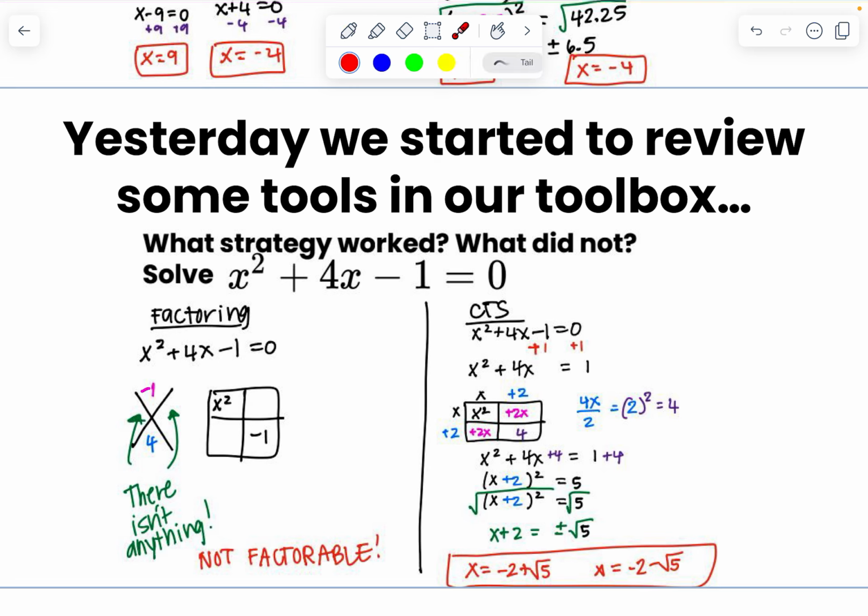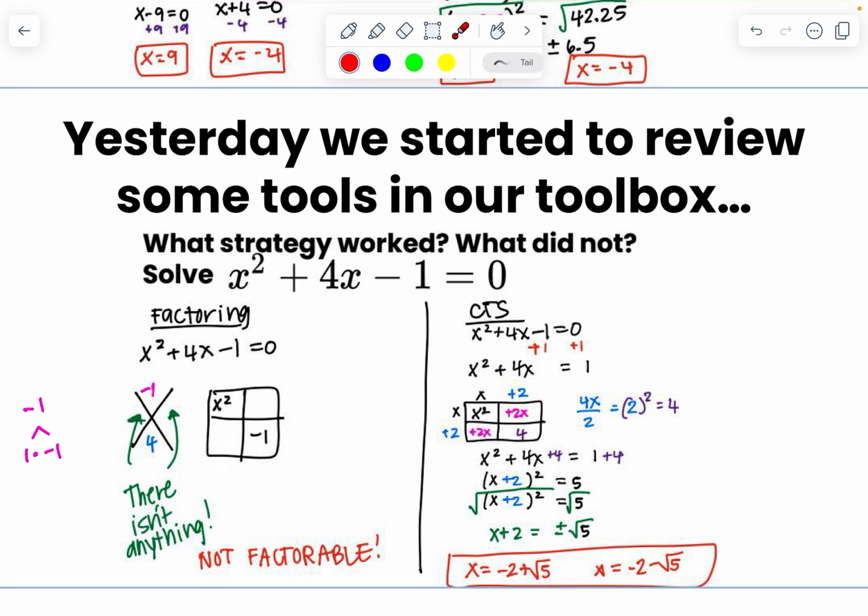And then the middle term, 4x, had to go down here. So I needed 2 numbers that multiply to negative 1, but add up to 4, and there literally is nothing. Because the only way you can get negative 1 is positive 1 times negative 1. Those are the only factors of it. And so if those are the only factors, there's no way you're going to get 4, right?